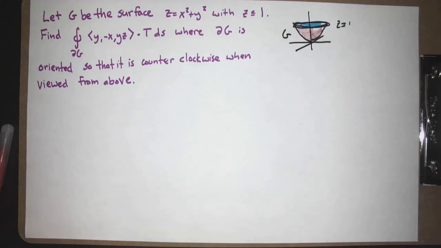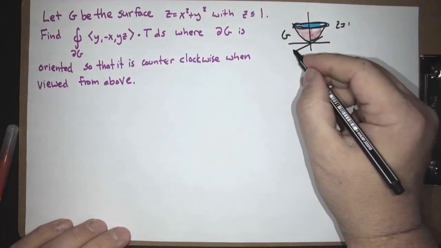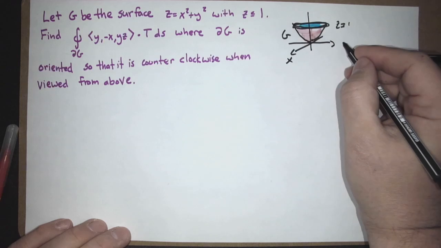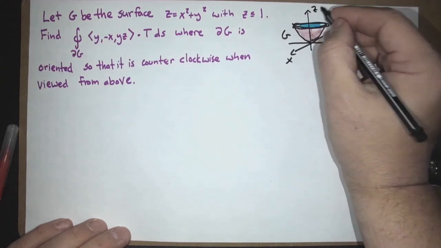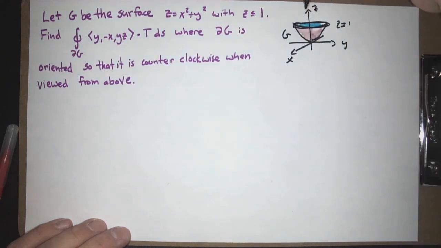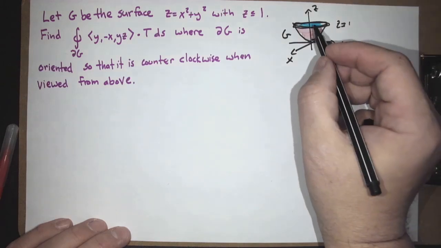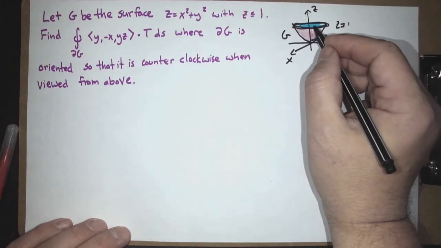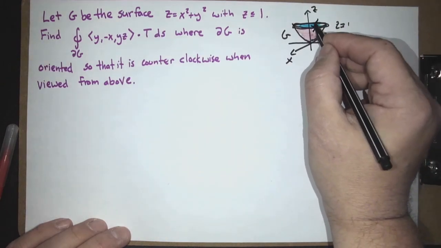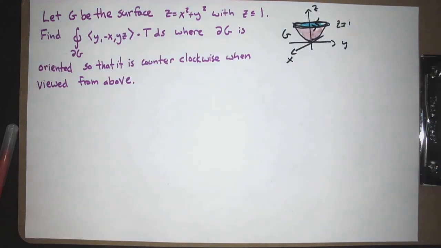If this is x, this is y, this is z, then viewed from above means you're up on the top of the z-axis, looking down. So you want it to be counterclockwise from above. So it's that direction. Is that visible enough? I think it is.